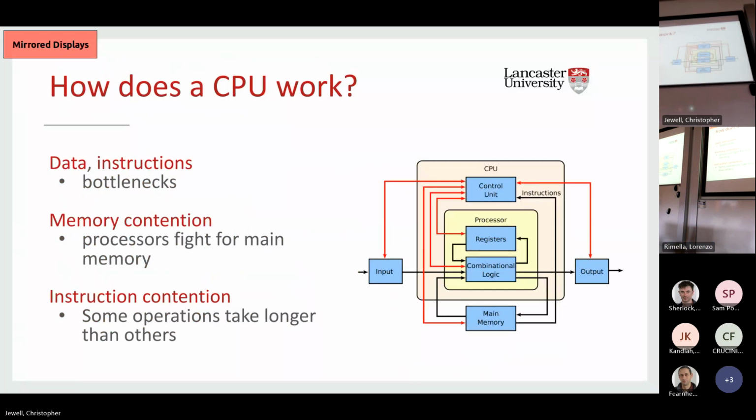Okay. So then the control unit's responsibility is to ensure that the right data gets into the right registers and the right instruction is scheduled onto the ALU, okay, in time for the computation to take place.